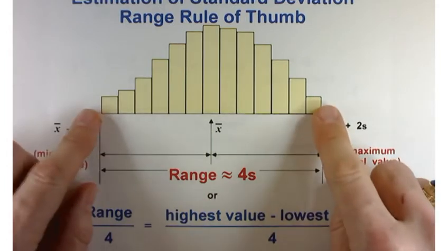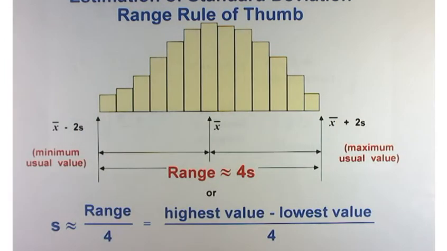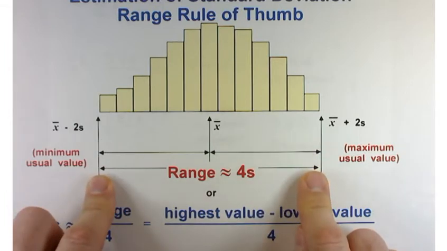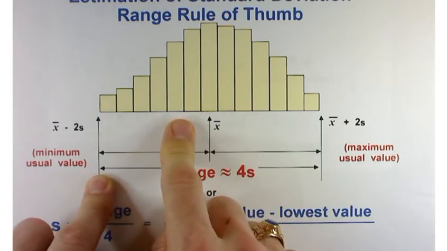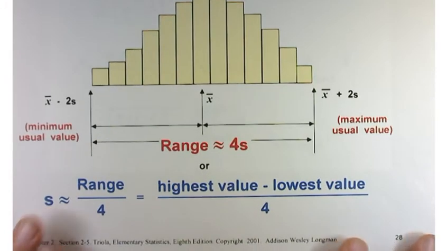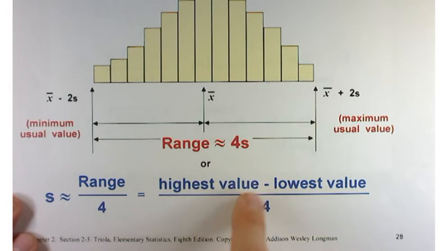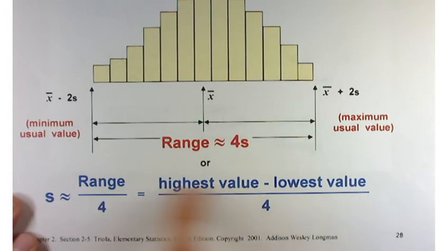Now, that gives you a way to estimate the standard deviation sometimes. If you solve for S in this equation, the range divided by 4 gives you a rough estimate of the standard deviation without actually going through all that calculation.